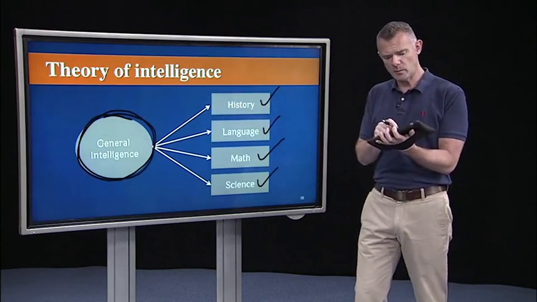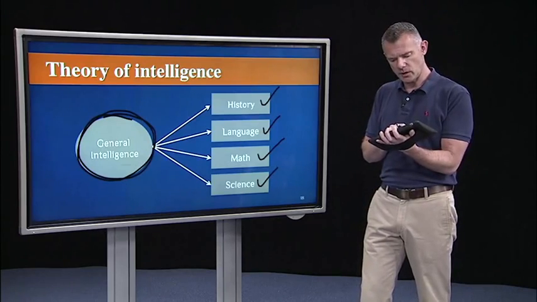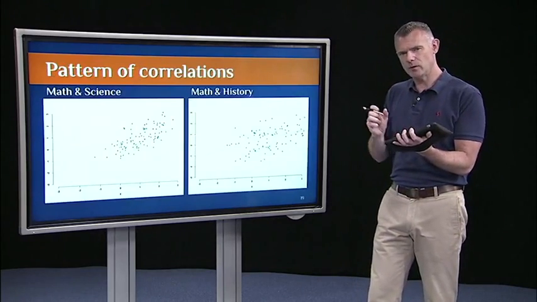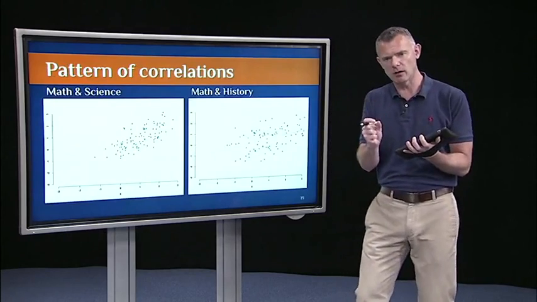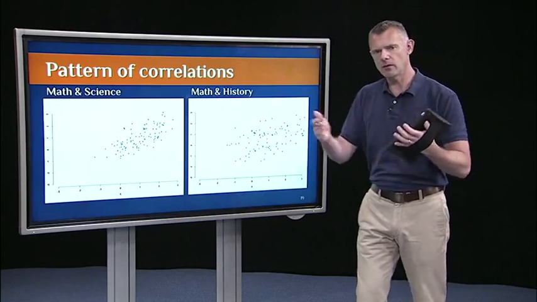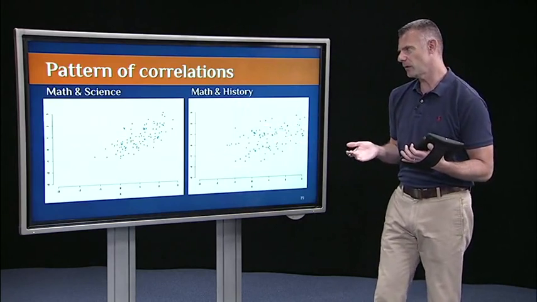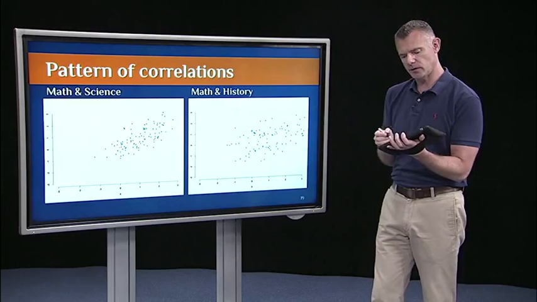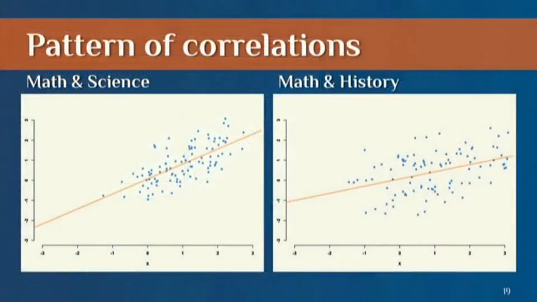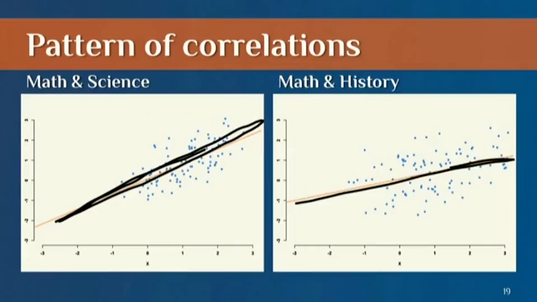One of Spearman's early critics, Thurstone, observed that some correlations are stronger than others. Yes, all the correlations across the children's school grades are positive, but some of them are stronger than others. For example, the correlation between math and science tends to be higher than, say, math and history. Even though this is a positive correlation, the slope of this line is going up.